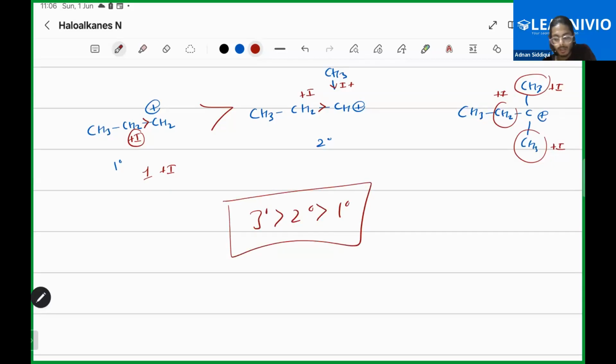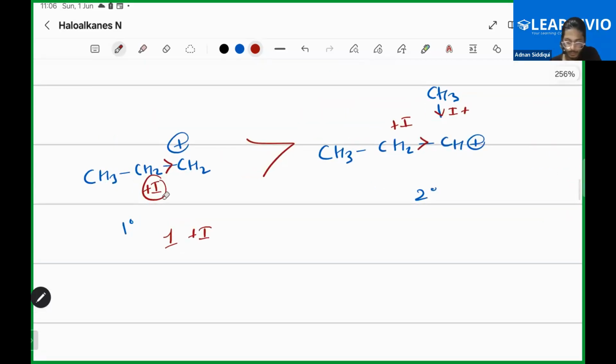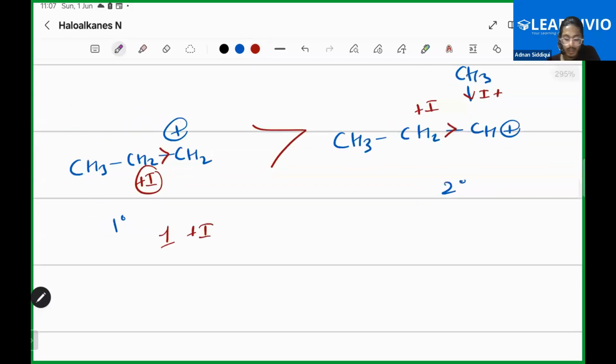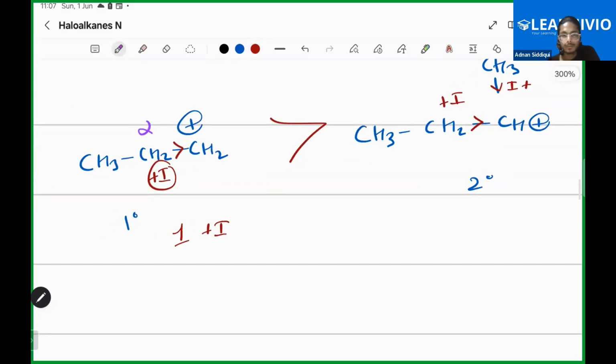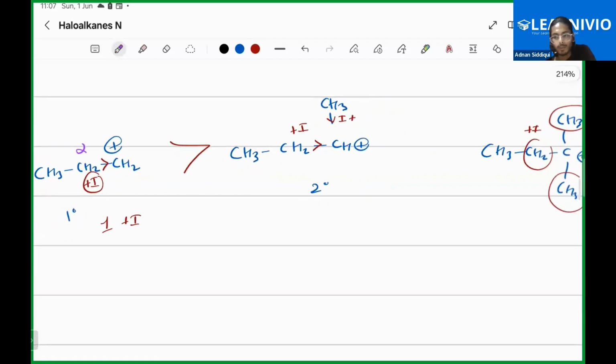Right? Now, let me tell you about hyperconjugation as well. Suppose the plus I part is clear. Now, this is the alpha position. The next carbon to the carbocation is the alpha position, right?